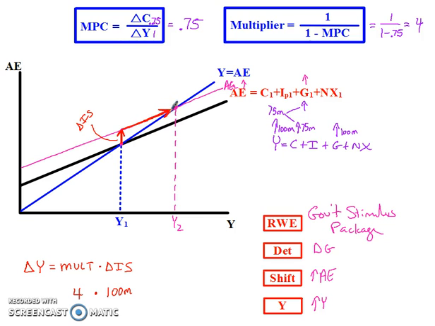Because here's the initial change in government spending, and then that causes the increase in income, and the increase in income causes the increase in consumption, which causes the increase in income, and off it goes, moving along the aggregate expenditure curve.